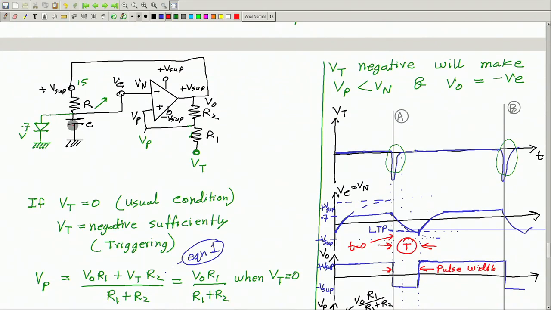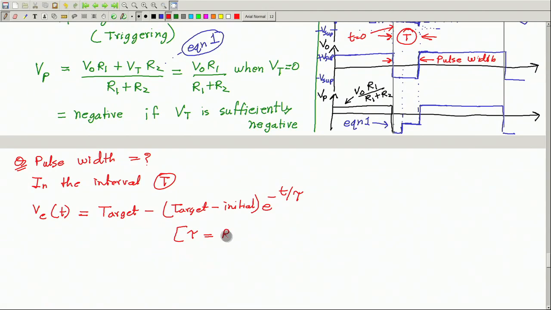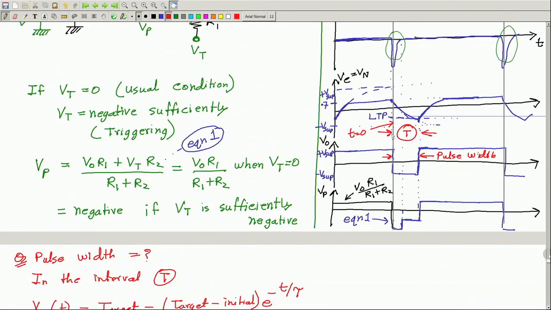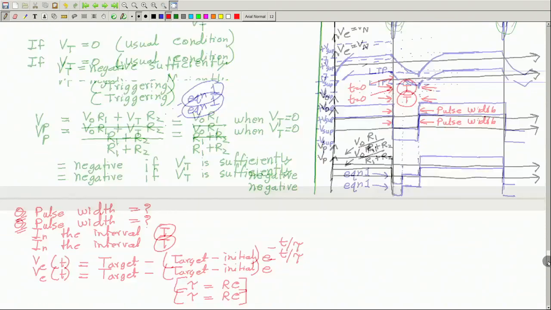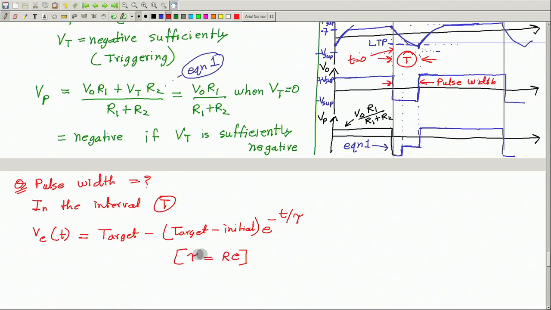The time constant is R times C. Since this voltage throughout is below 0.7 volt, the diode will remain off. So, this branch is practically non-existing. Only this RC is the time constant.